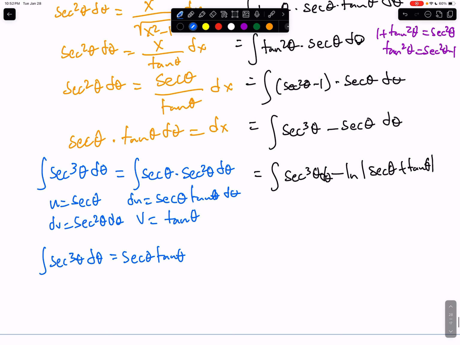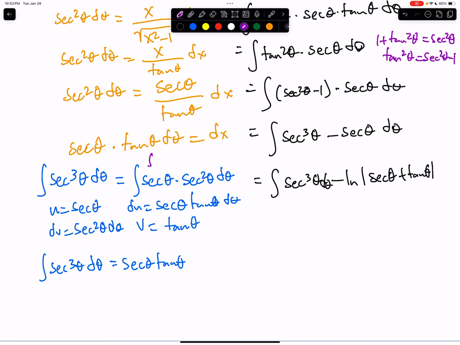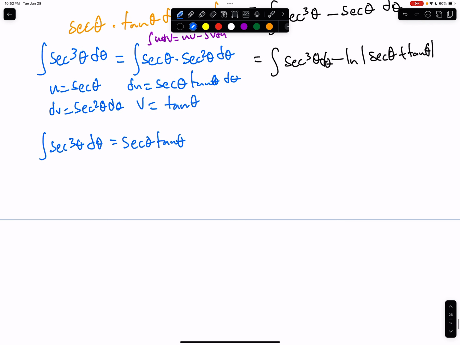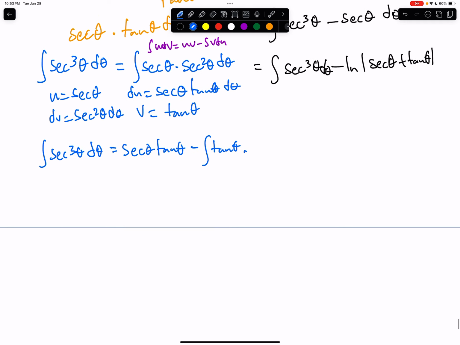And if you're wondering, I'm using parts: integral of u dv equals uv minus integral of v du, ultraviolet voodoo. So uv minus the integral of v, so tangent of theta du. Now, would you look at that?